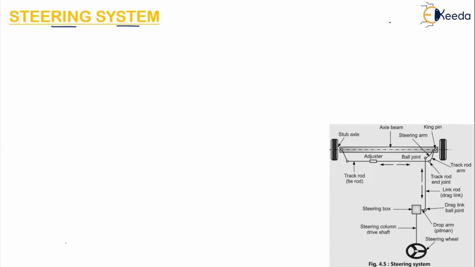So if this is a steering wheel, which is present in the car, here the driver is seated and this steering wheel is linked to the wheels of the vehicle.